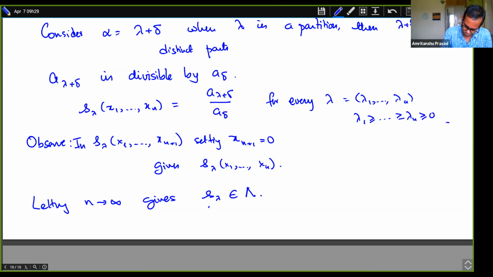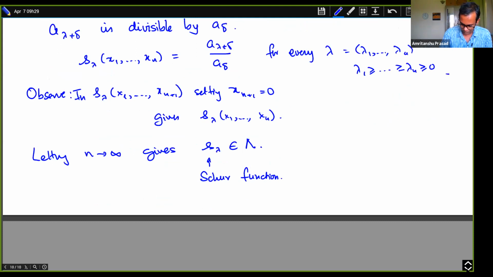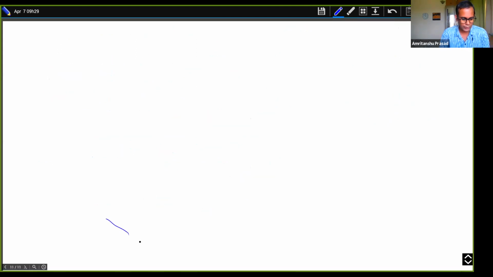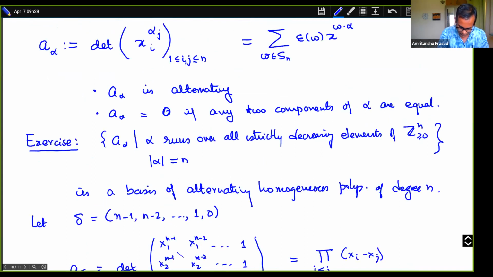And this is called the Schur function corresponding to lambda. So that's Cauchy's definition of the Schur function.